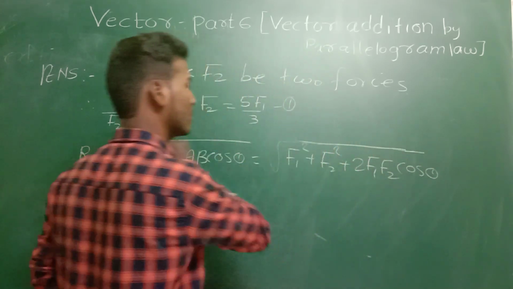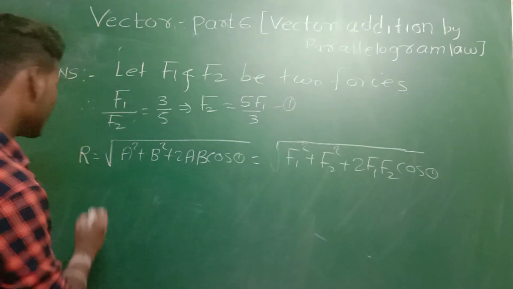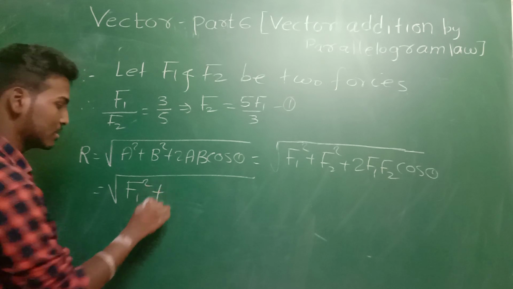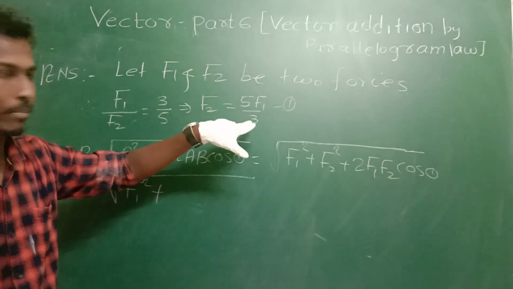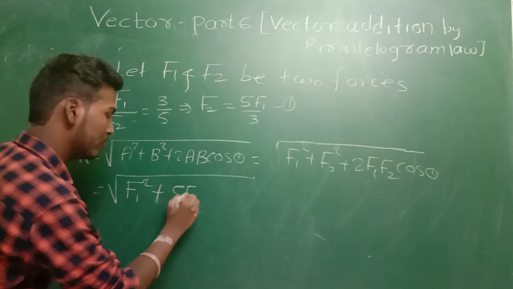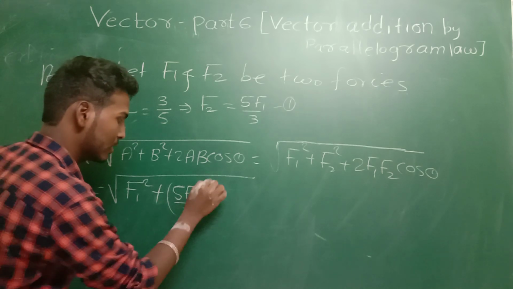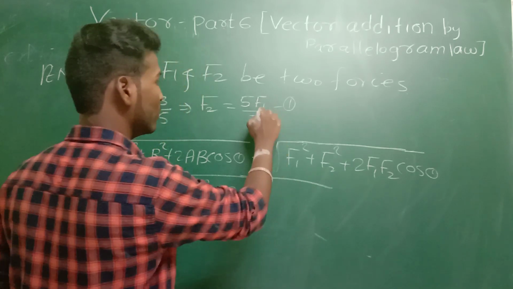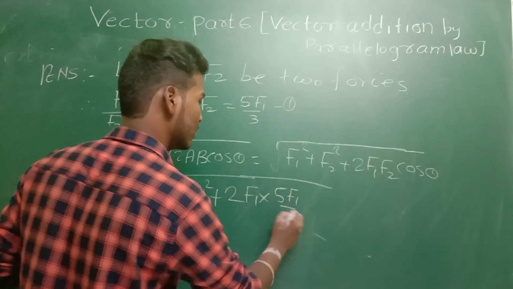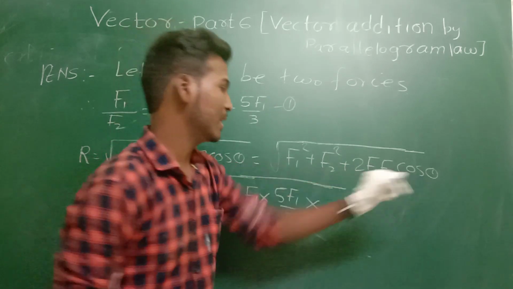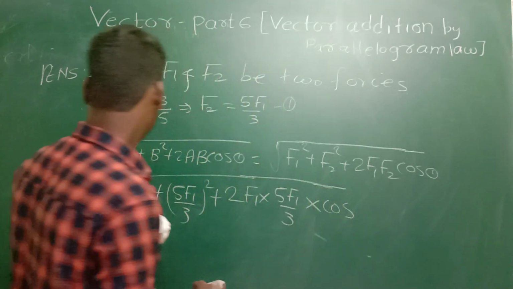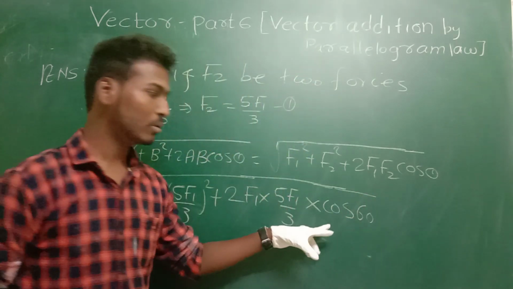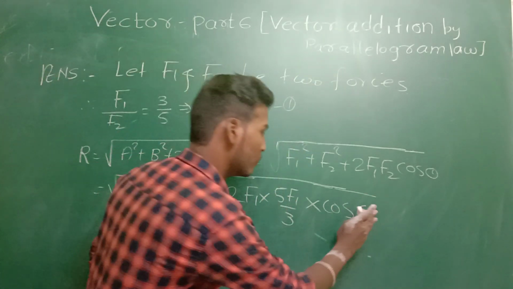So it becomes the square root of F1 square plus F2, which has the value 5F1 by 3, whole square, plus twice F1 into 5F1 by 3 into cos theta. Theta is given as 60 degrees, and you know that cos 60 has the value 1 by 2.